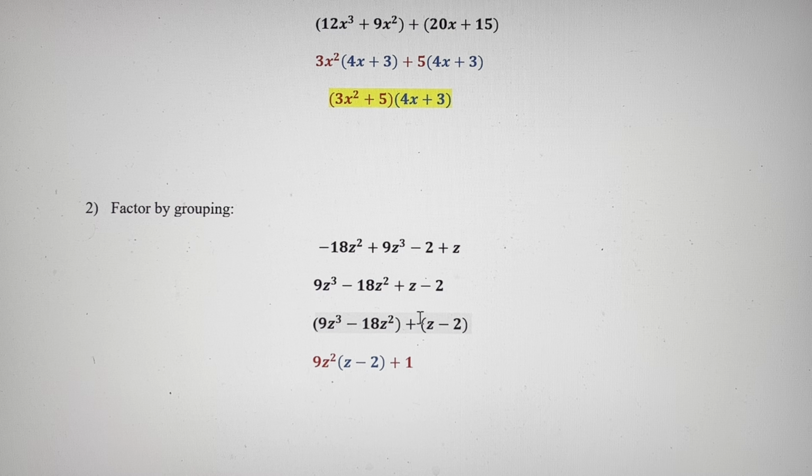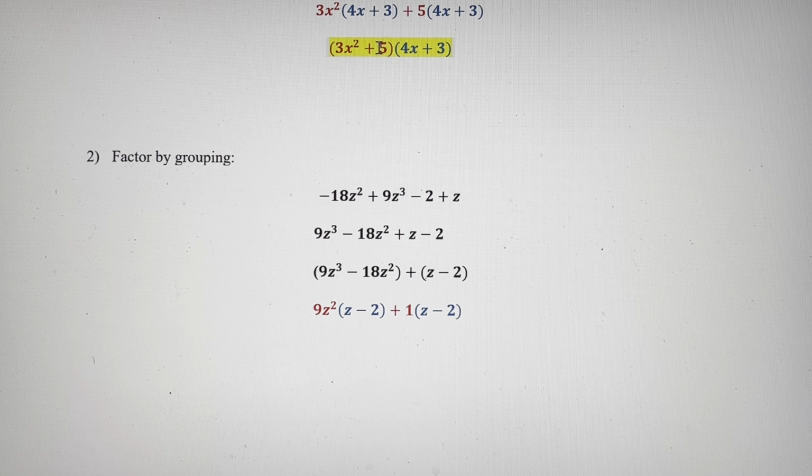There's already an understood 1 there, and I'm not changing this binomial. It stays the same. The reason that's okay is because it matches this other binomial I got in the first step. So just like we did up here, I'm going to group the red terms together in my first binomial. My common binomial z minus 2 is going to be the second part of my answer. And that's going to be the answer for example number 2.